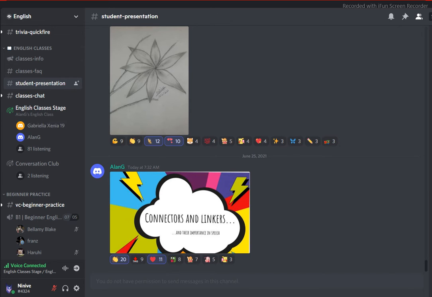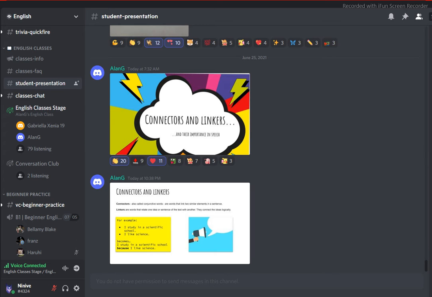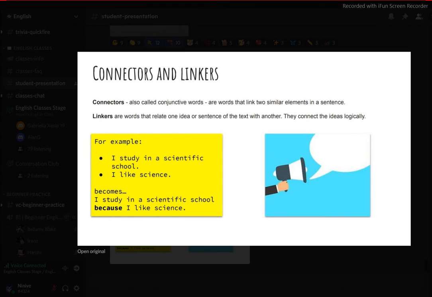The difference between connectors and linkers is that connectors are used to connect two words, whereas linkers are used to connect two sentences. Here we have an example of how we can use linkers.